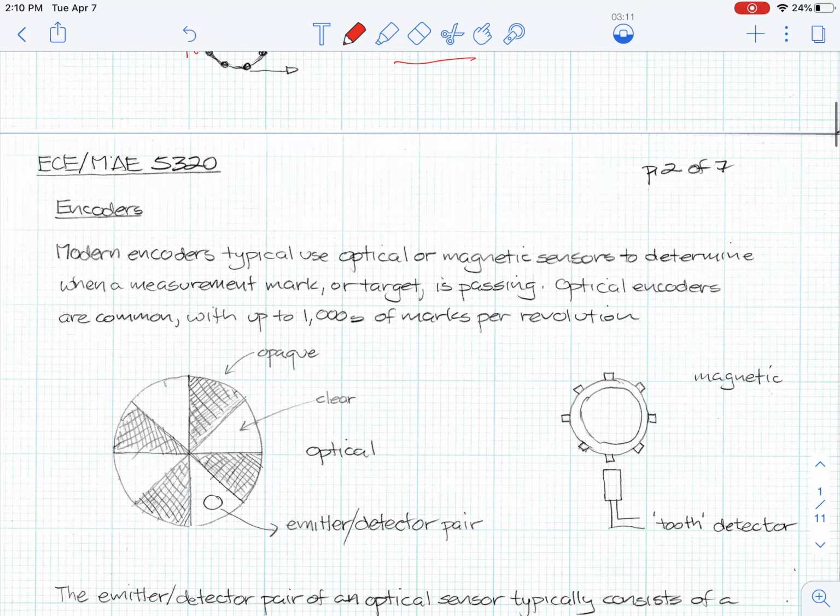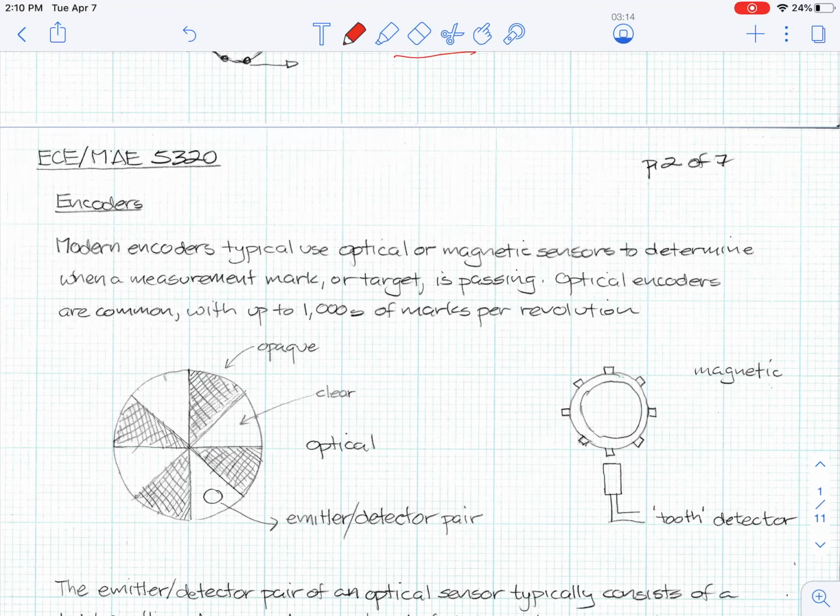Okay, so modern encoders typically use a wheel, but there's a mark or target that passes in front of some emitter detector pair. In one style, I will have an opaque section and then clear sections, and I'll be able to tell when one of these pieces has passed, because it will go from the emitter detector pair seeing the emitter on one side and then not, and then seeing.